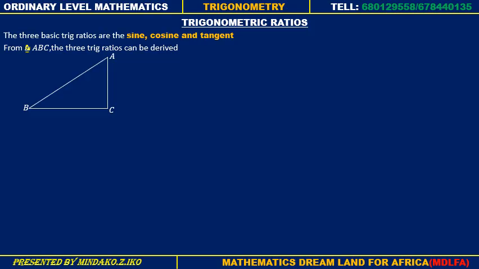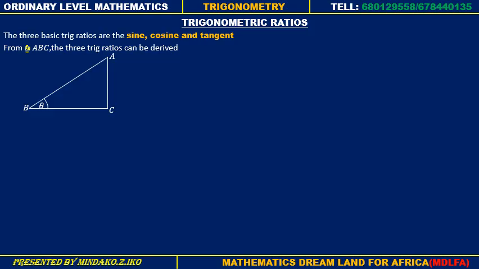Now this is a triangle. In the last video we only talked about a triangle with no angle. So now we are going to include an angle theta. That is the angle theta. From this triangle we can derive the three basic trig ratios.